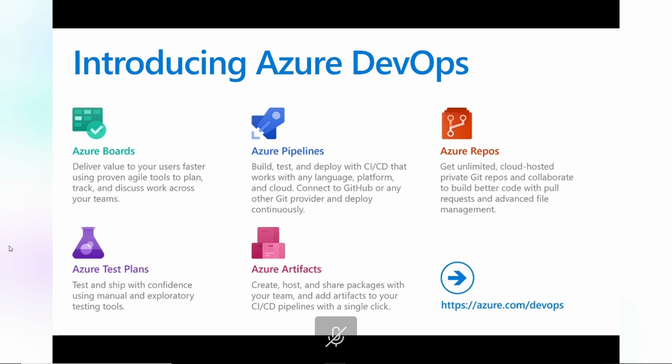If you're happy with GitHub, that's fine. That's great. You still need a proper CI/CD pipeline. And so you can adopt Azure Pipelines, which is the build and release portion of Azure DevOps. You can adopt Azure Pipelines by itself and plug that into your existing platform. So we're really excited about this transition into Azure DevOps.